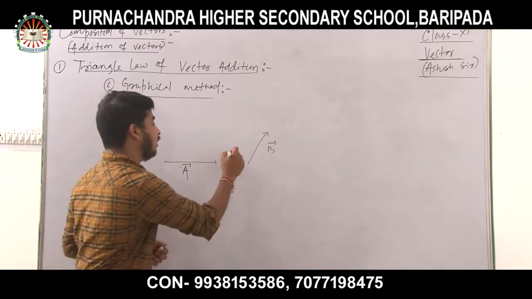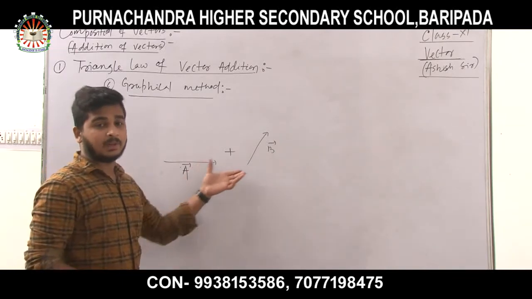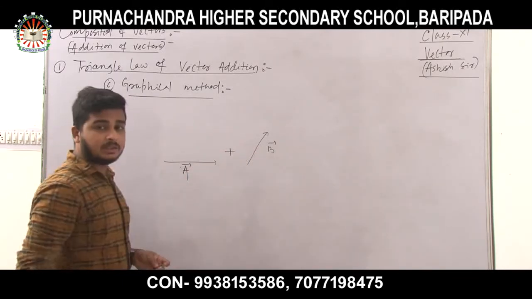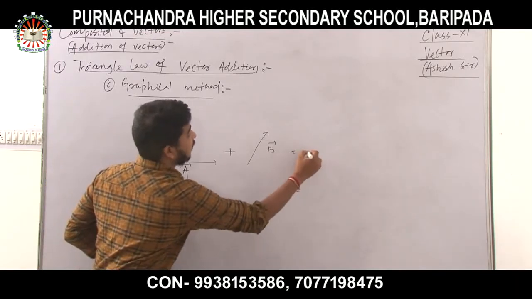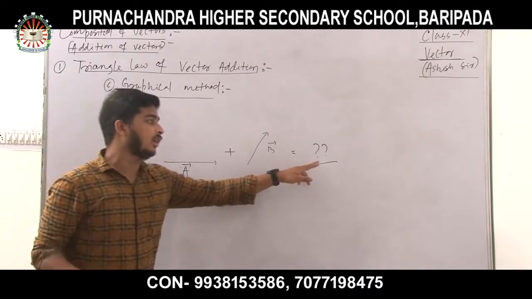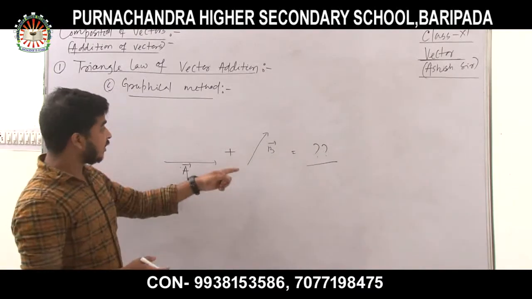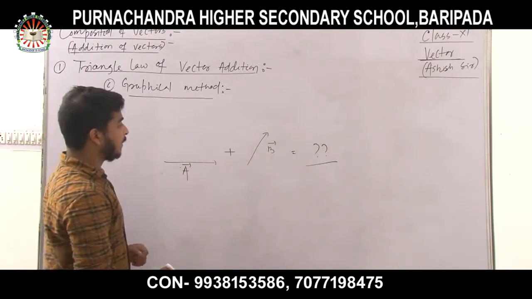Now I tell you to add the two vectors, a vector plus b vector. Then what will be the magnitude, or what will be the resultant vector when a vector is added with b vector? So let's discuss this with the help of the graphical method.